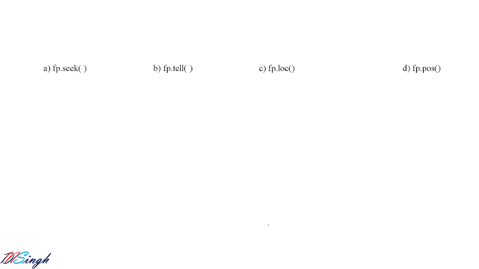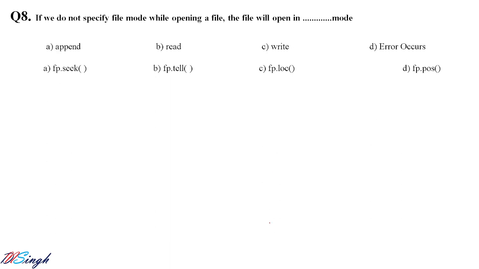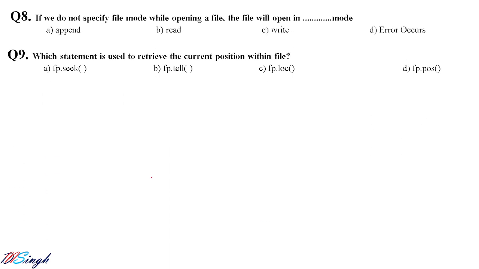Let us move to the next question. Here we have, what if we do not specify the file mode while opening a file? In which mode will the file be opened? By default it is opened in read mode. The open function takes two arguments, file name, and next one is the mode in which you want to open the file.